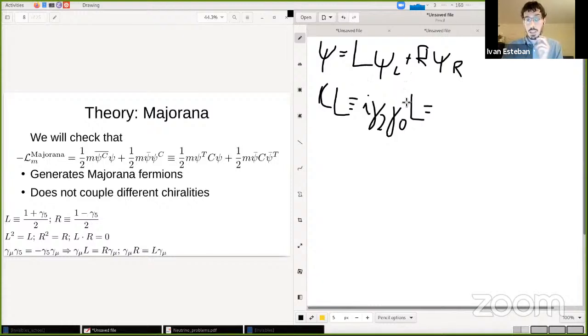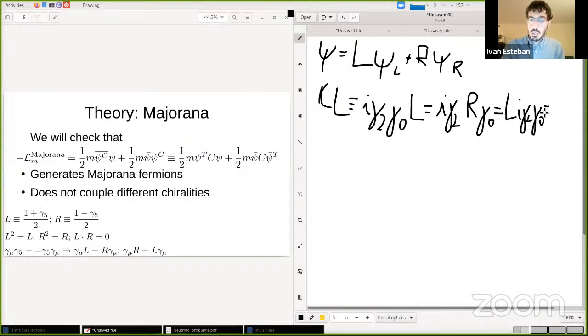And so this will be nothing but i gamma 2 R gamma 0. And when we pass this once again to the left, since gamma 5 anti-commutes with all the gammas, we will get a factor of L here, gamma 2 gamma 0, so we got L times C. This means that the charge conjugation matrix commutes with the chiral projectors.